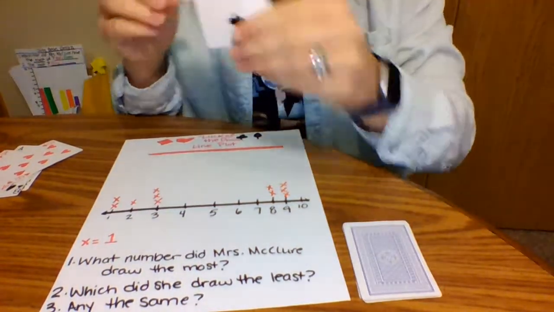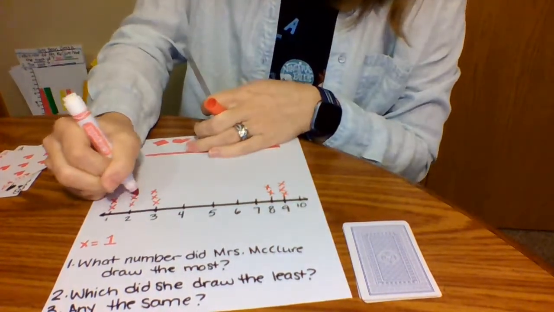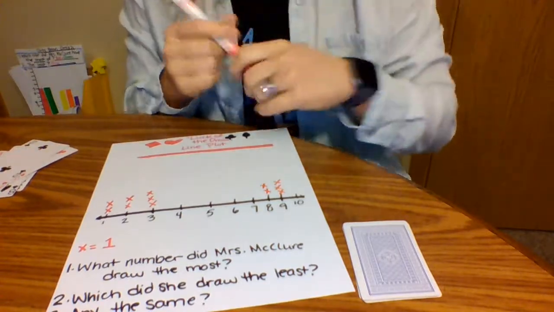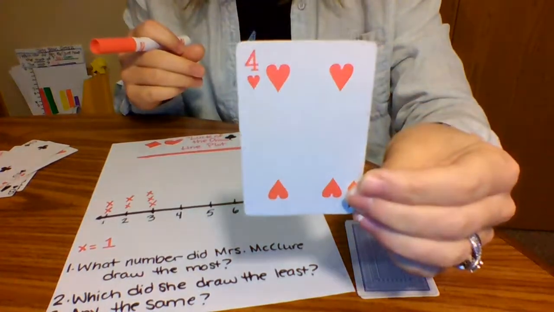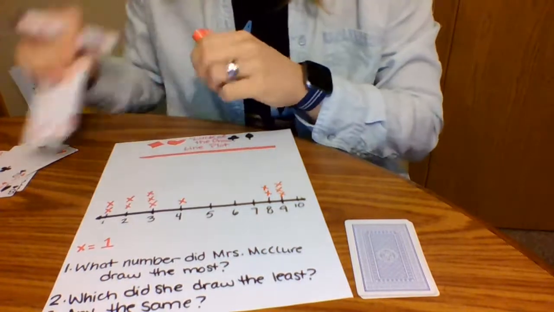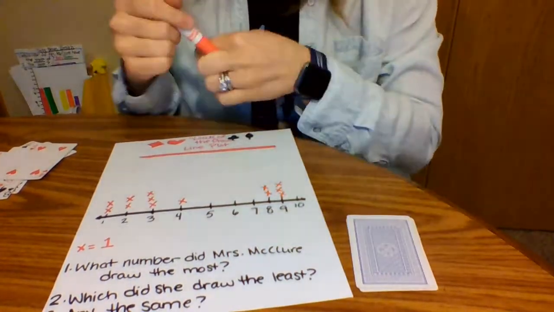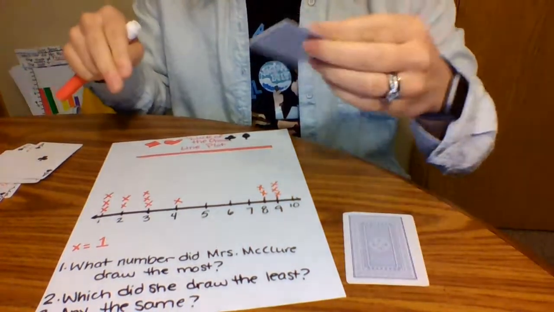X's, remember, represent objects or people. Like in this case, each X equals 1 card drawn, but in the one on the poster, each X equals 1 person. Another new one. So you just keep drawing and graphing until you get to the end of your sample, and then you answer the questions.